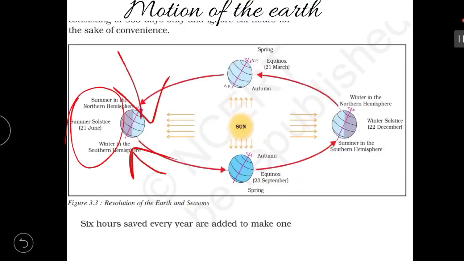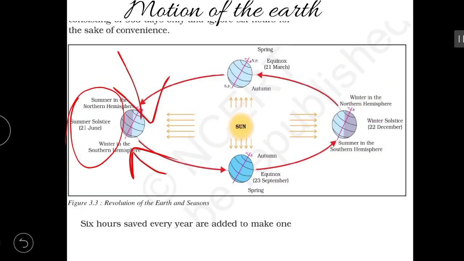Now come to the 22nd December. Here what happens, just see this image. Now this pole is tilted away from the sun. Can you see this axis is tilted away from the sun?